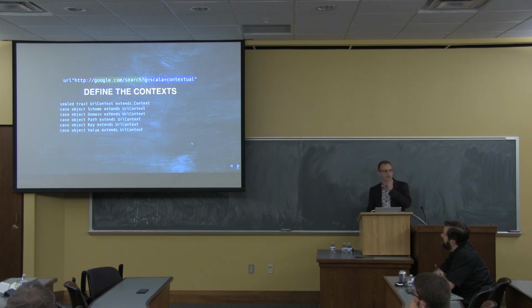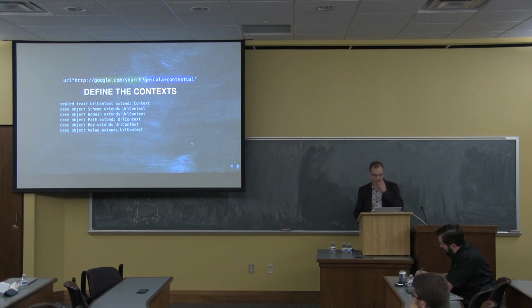Now, for a simple interpolated URL, we need to define some contexts. I've got a context for the scheme in red, for the domain name in yellow, the path in green, the key in this light blue, and the value to a key in dark blue.